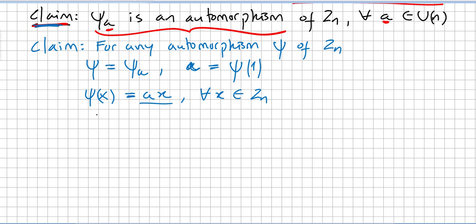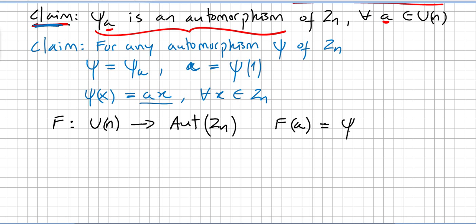So now we are going to define an isomorphism f. I'm going to call the isomorphism f from the group of units to the automorphism of Zn, and this mapping will be given by psi of a.